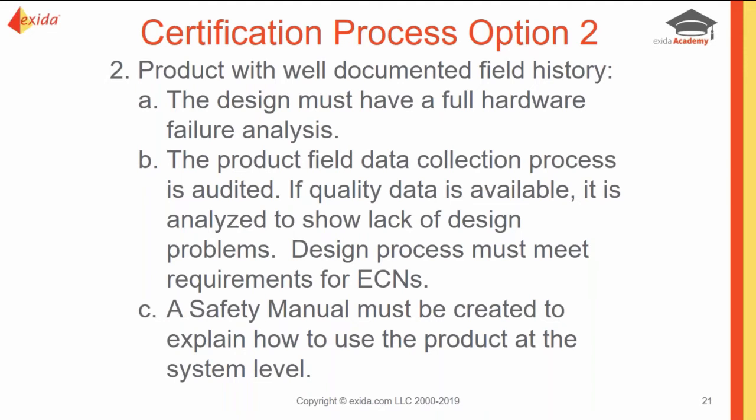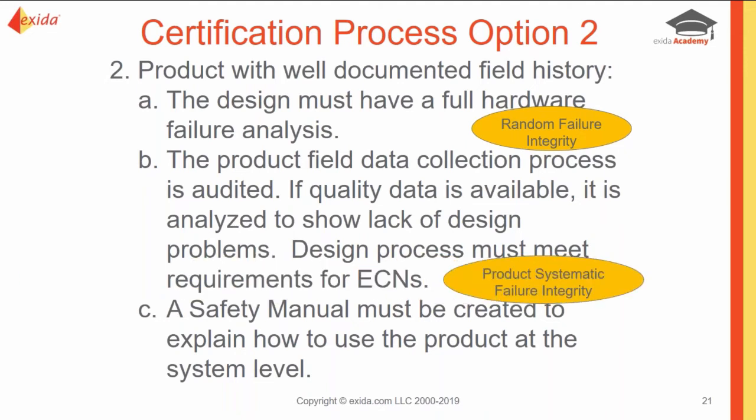The same as the first option, you still need a full hardware analysis, a full FMEDA on the product that covers those random failures or that one barrier for the probability of failure. We're still going to analyze your processes and procedures, but slightly different.